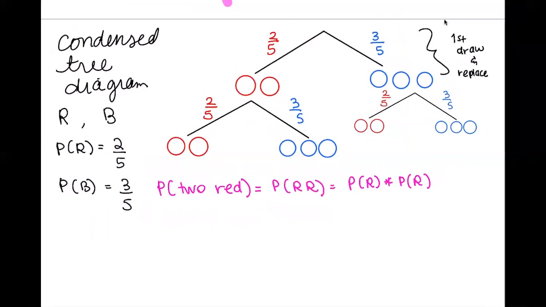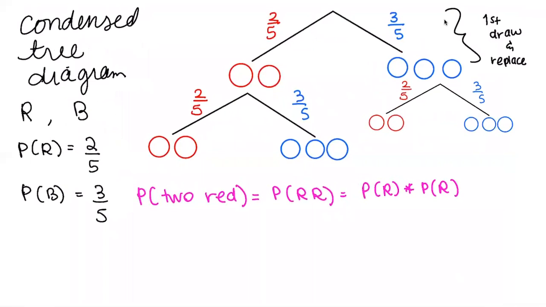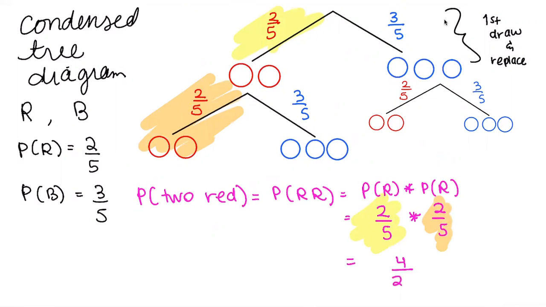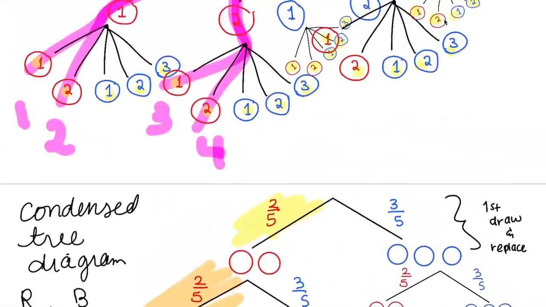Well, the probability of red the first time, the first draw, is 2/5, and we're getting that from right here on the tree diagram, followed by getting red a second time, which is the other branch, and it's also 2/5. Well, 2/5 times 2/5 is 4/25. And oh, that's exactly what it was before.